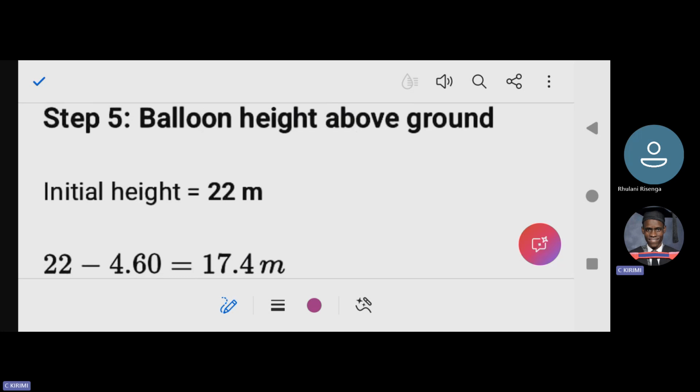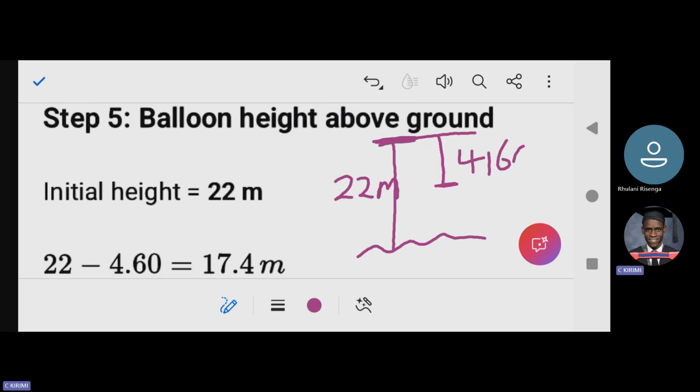So if I'm here at the ground, the maximum height where the balloon is initially, before it starts to drop the ball, is 22 meters. While the ball has been dropped and went to the maximum height, the balloon has traveled a distance of 4,60 meters downwards, but it has not yet reached the ground.